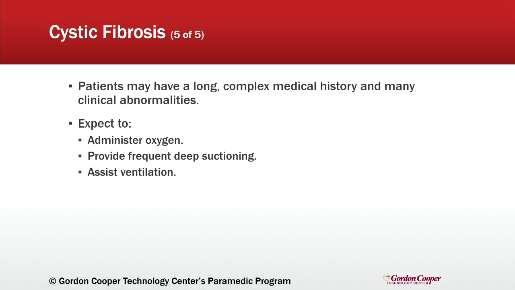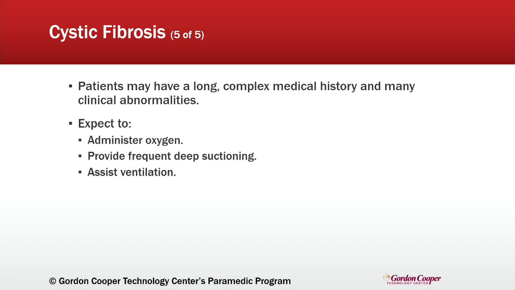Patients often have long, complex medical histories and many other clinical abnormalities. Expect to administer oxygen as needed, so you may need to increase the amount of oxygen that you're delivering. Frequent deep suctioning may be necessary, and assisting ventilations may be required.